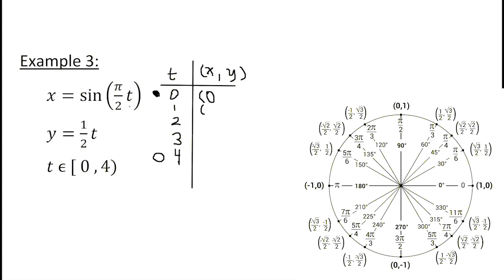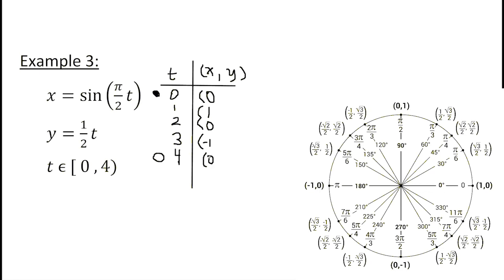Sine of 1 pi over 2 is going to be 1. Sine of 2 pi over 2, that would be just sine of pi, that would be 0. Sine of 3 pi over 2 would be -1. Sine of 4 pi over 2 would be equivalent to sine of 2 pi, and so we're back at 0.